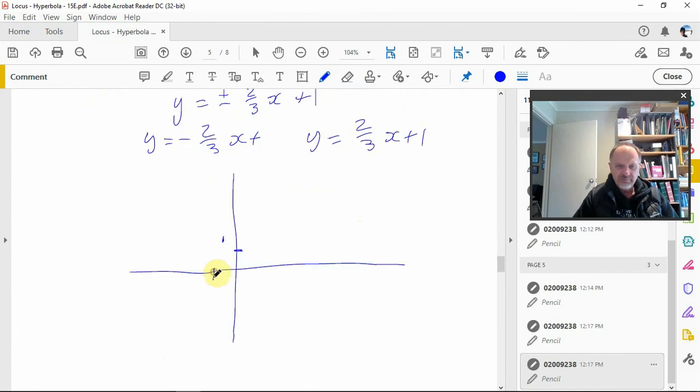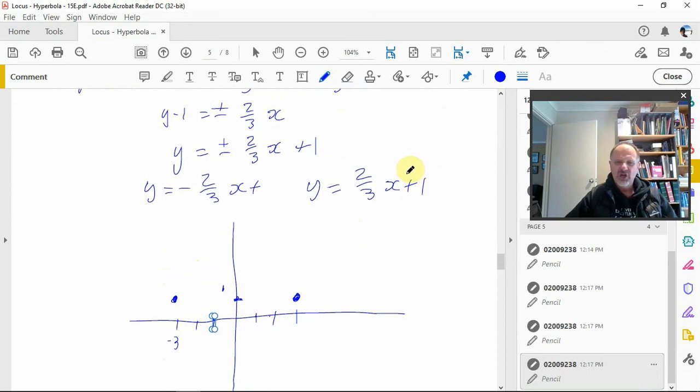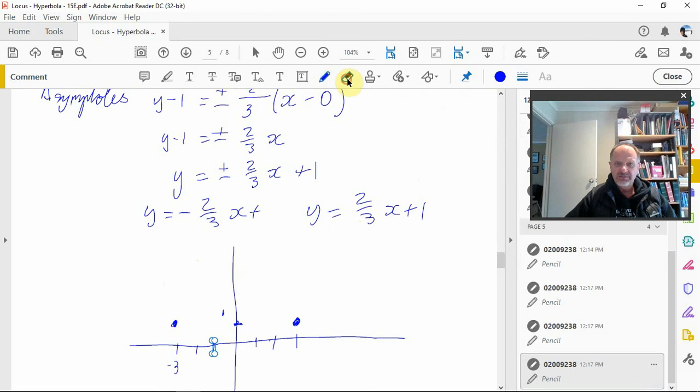All right, 1, 2, 3, -3, 1. Let's say there. 1, 2, 3, 1. So there. That's the centre. All right, then we've got some asymptotes, and I'm going to change some colours to give me my asymptotes. And then I'm going to show you a bit of a trick on the asymptotes. Oh, hang on a second, I forgot my +1 here.